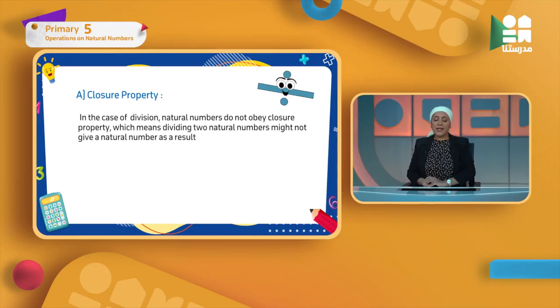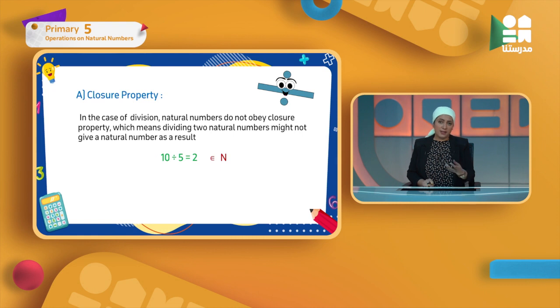So let's start to talk about our properties. First, the closure property. In case of the division, natural numbers do not obey closure properties, which means that dividing two natural numbers might not give a natural number as a result. So 10 divided by 5 equals 2. Okay, belongs to N. Why? Because 2 times 5 is 10.